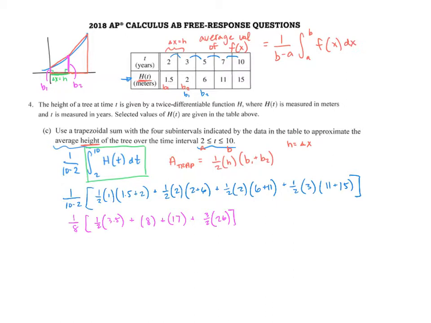I don't know why I'm doing this part. Half of 3.5 is 1.75. And then 3/2 of 26, that's 13 times 3, that's 39.